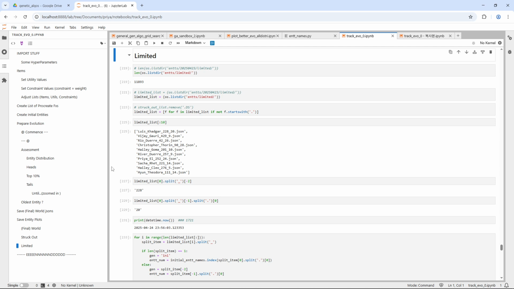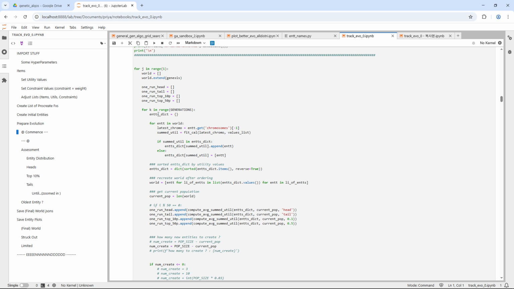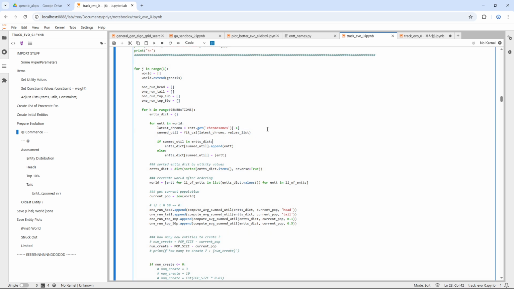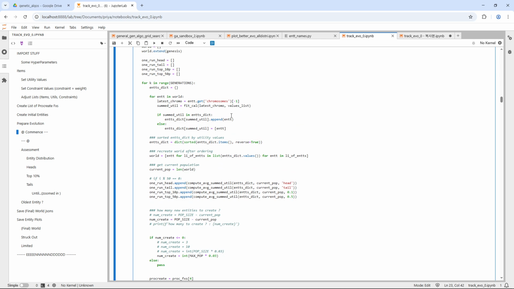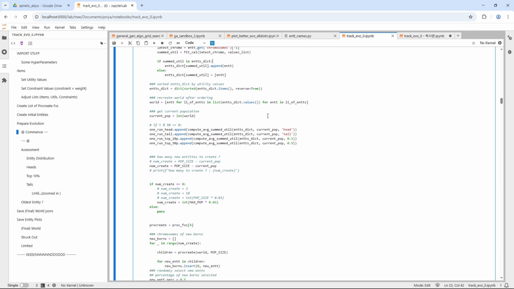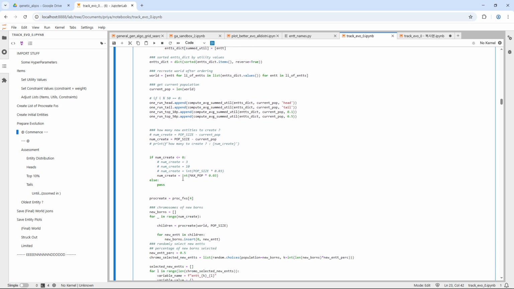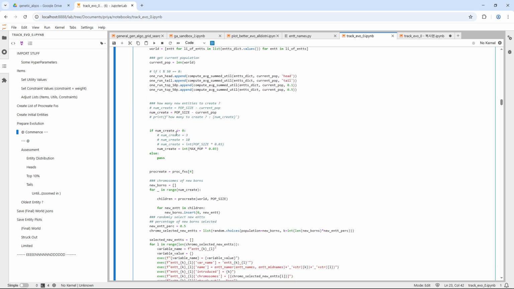because unfortunately they were very sadly ranked in the lower end of the world, because in each generation all the entities are ranked from high to low, high at the front and low at the end. And then, if the num create is 0 or below 0, I create 30 new entities.